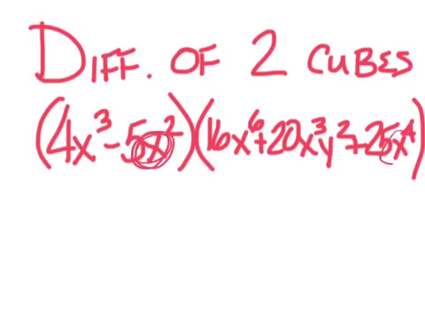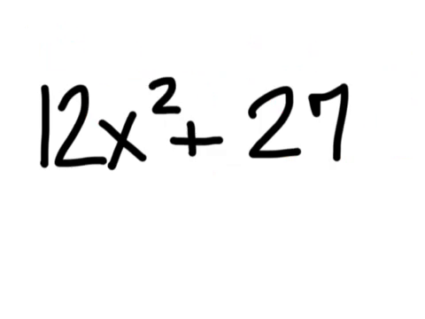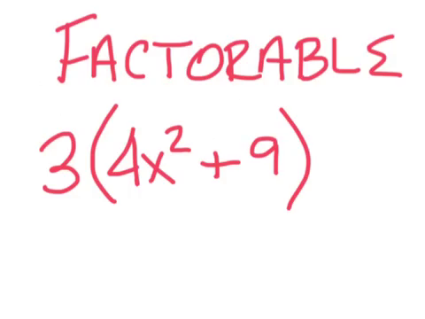What is this one? It's simply factorable because all you can take out from both of them is a 3. What if that plus sign changes to a minus sign?